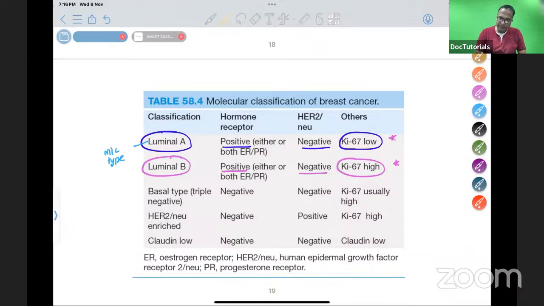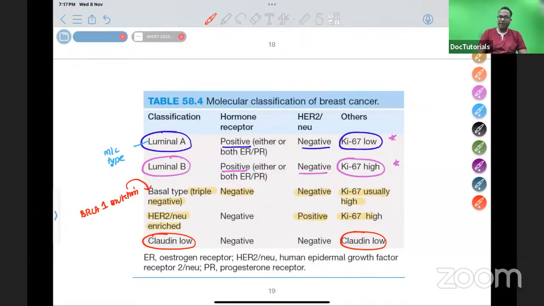Basal type is triple negative: ER/PR negative, HER2 negative, Ki67 high. HER2 type is HER2 positive, Ki67 high. And there is one more type, claudin low, where claudin expression is low. Which is associated with BRCA mutation? BRCA1 mutation is commonly associated with the basal type.